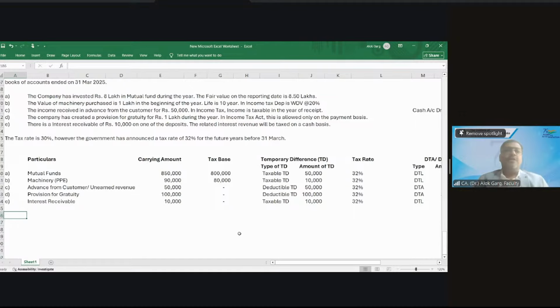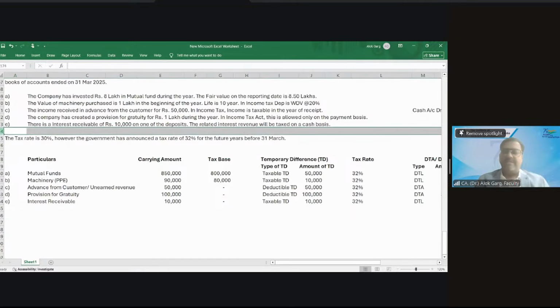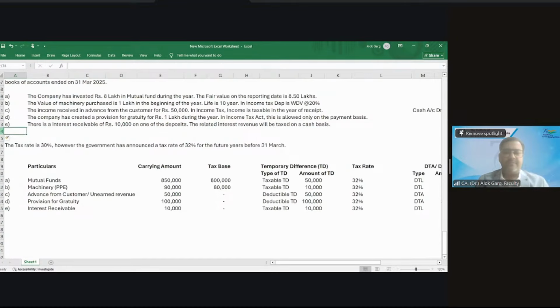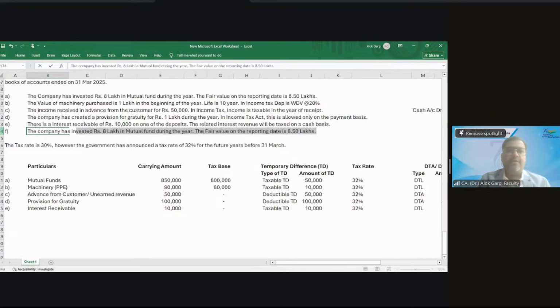Okay, so let me give you one more example here. The company has incurred preliminary expenses for rupees 1 lakh during the year.